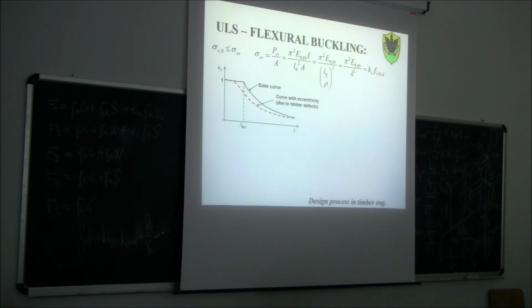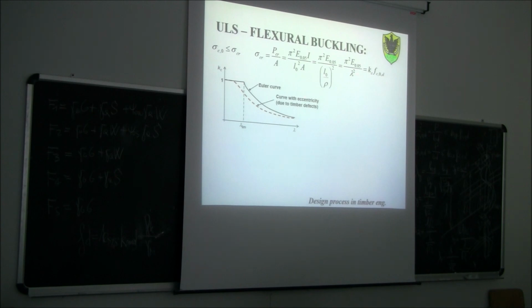The critical load, according to the Euler theory, is pi squared times, we said, the 5th percentile of Young modulus times second moment of area divided by buckling length squared. Then you can write that I is equal to area times rho squared, where rho is the radius of gyration. In the end we end up with this relationship: pi squared times Young modulus divided by slenderness ratio squared.